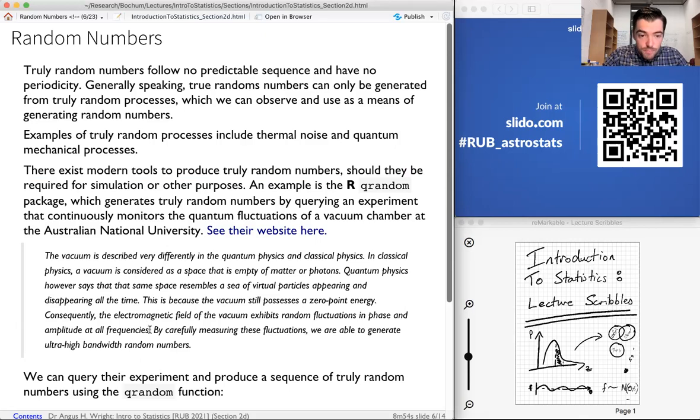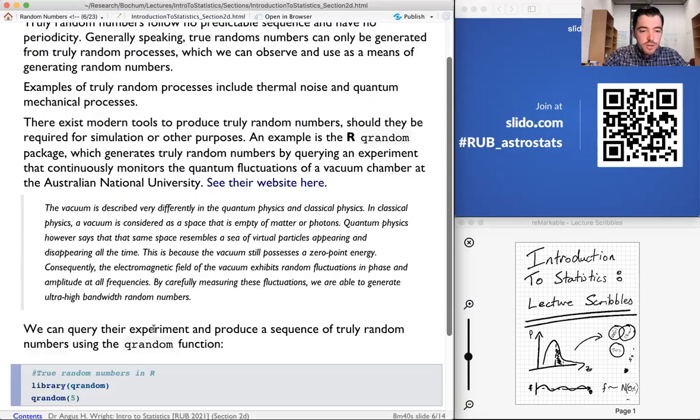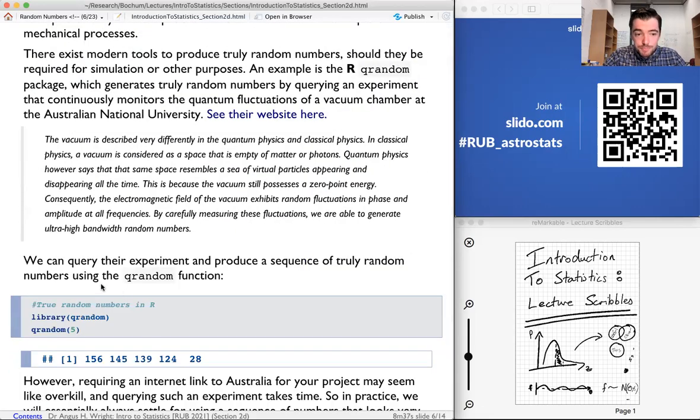If you monitor the electromagnetic field of a vacuum, the fluctuations that you see represent random fluctuations that you can convert into truly random numbers. And so you can use this function qrandom to just generate truly random numbers.